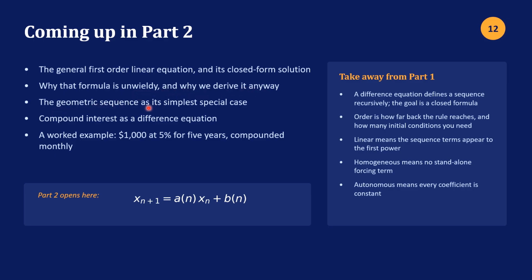The geometric sequence is its simple special case, so we'll talk about that. We already saw an example of a geometric sequence. Compound interest is an example of a geometric sequence, so we'll work an example of that. And we'll go from there. The sequences get a little more complex as we get into future lessons.